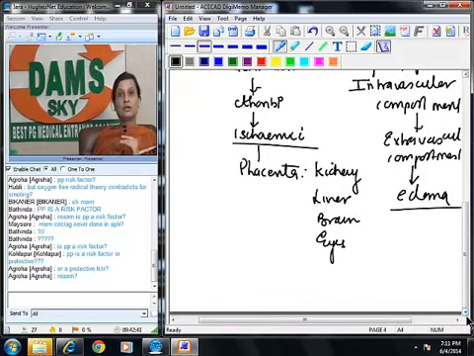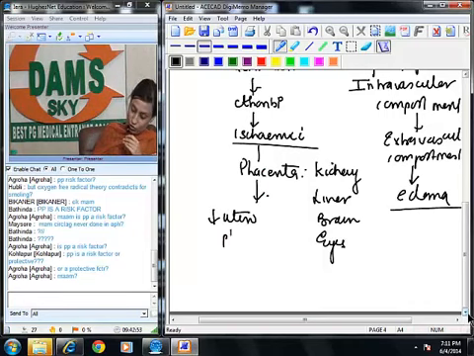Eyes are affected, right? Now the placenta, whatever part becomes ischemic, stops functioning. As a result, there is going to be decreased uteroplacental blood flow.